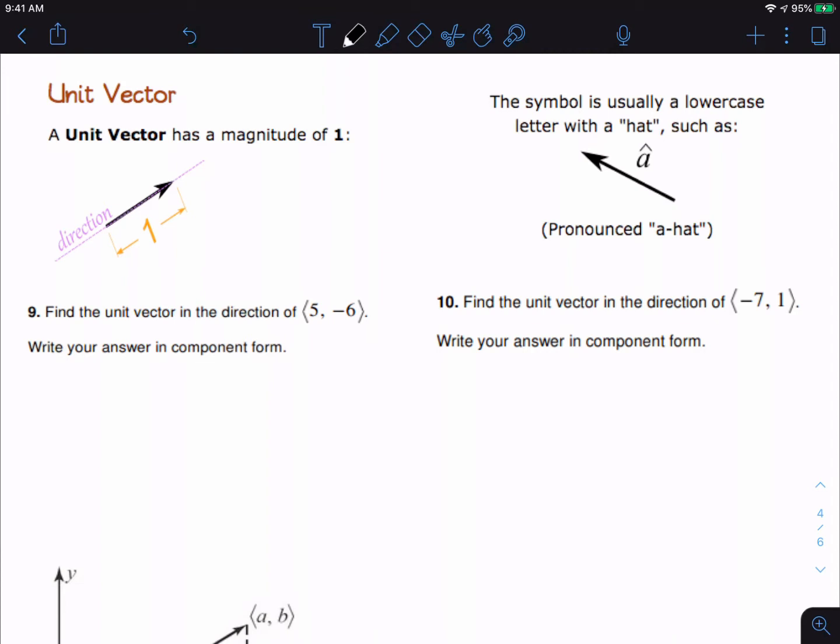The unit circle has a radius of 1, and so our unit vector has a magnitude of 1. So it's important that we know that our unit vector has a magnitude of 1. So it'd be equal to 1. Okay?